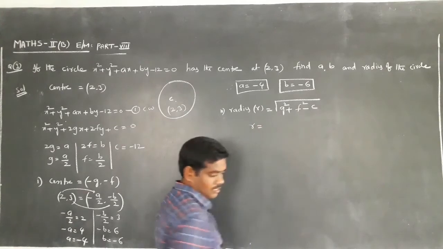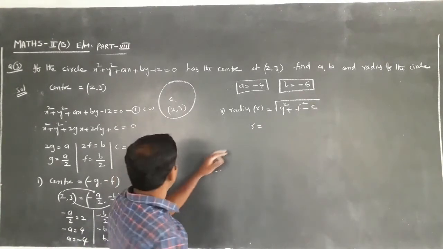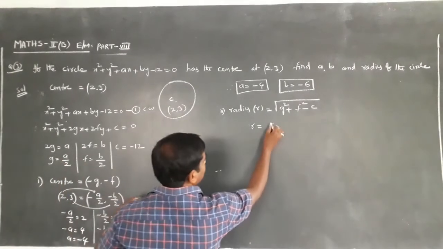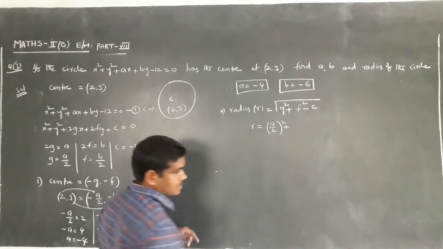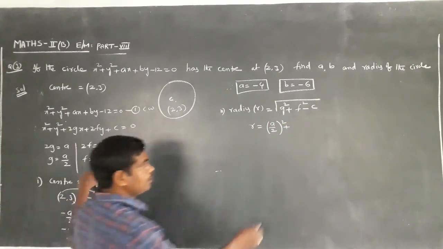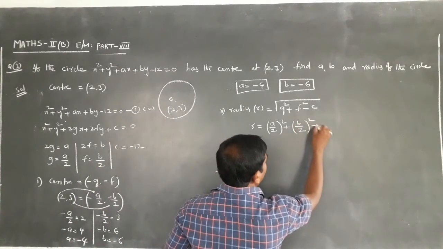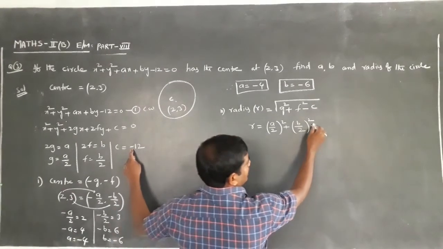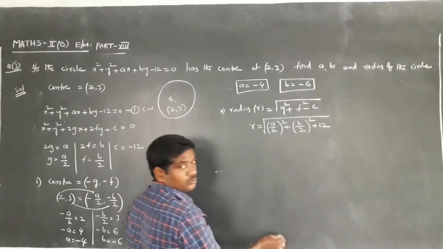Here g is equal to a by 2, so a by 2 whole square, plus f is equal to b by 2, so b by 2 whole square, minus c. C is equal to minus 12, so minus into minus plus 12, under root.